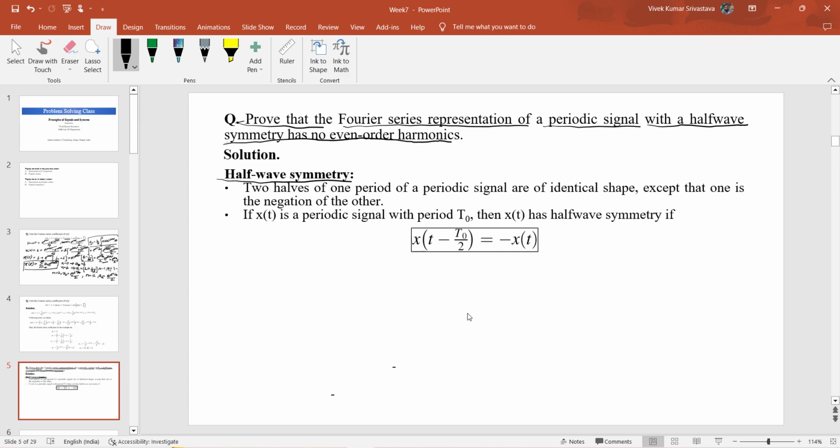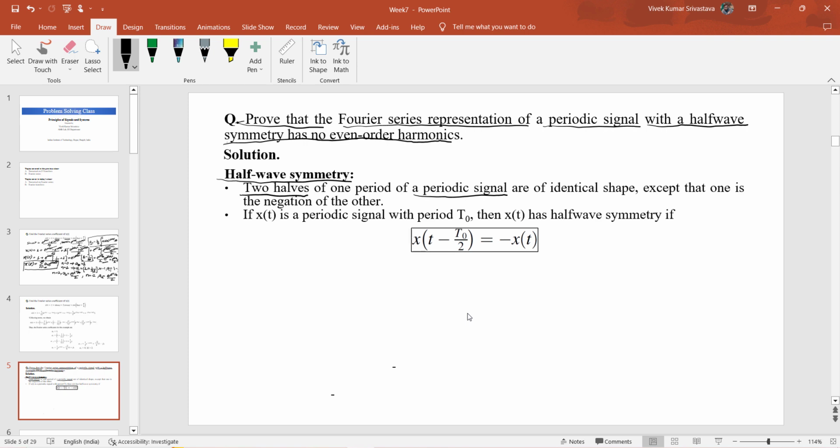Half wave symmetry is defined as follows: if we have a periodic signal with some period, capital T naught, we can divide the overall time period into two halves.